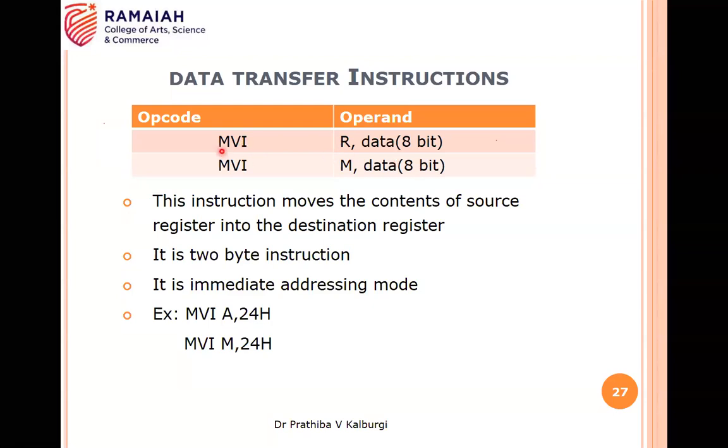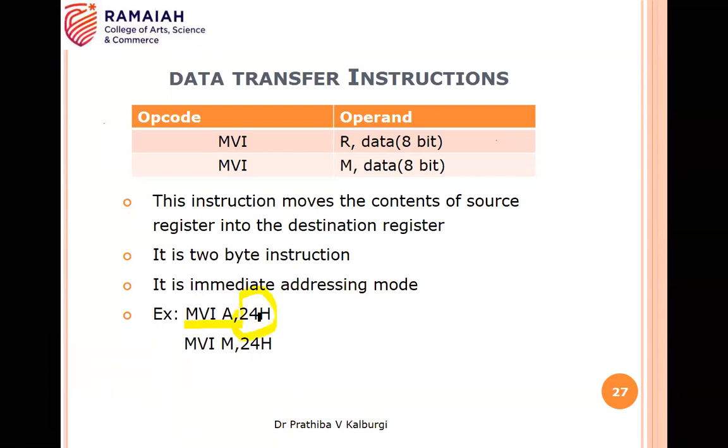The first byte is for your MVI R, whatever instruction you have. Here I have written it as MVI A. This stands for your opcode. The first byte is specified for your opcode and the second byte is specified for your operand.